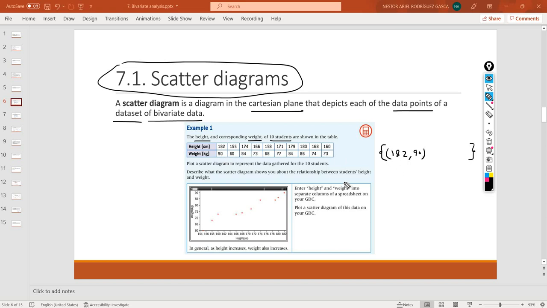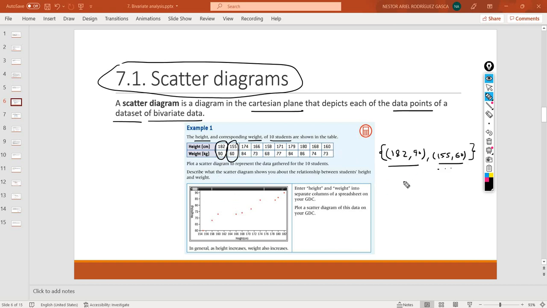182, 90. So that is the height and the weight of the first individual. This couple of observations, and then this other couple, 155, 60, and so on for the rest.